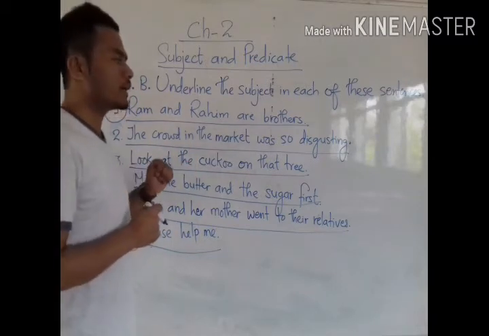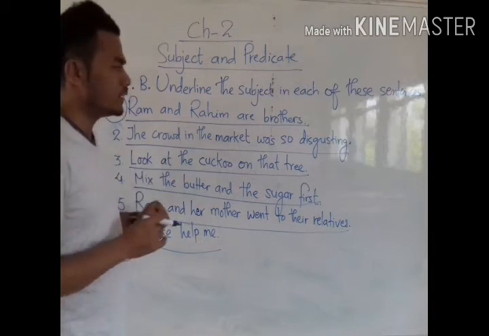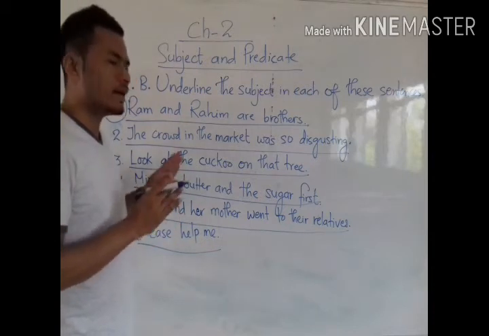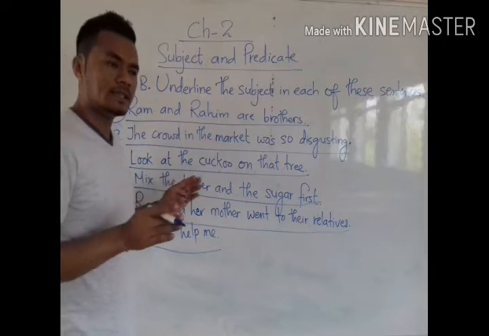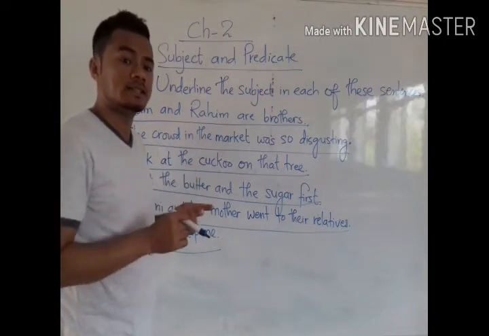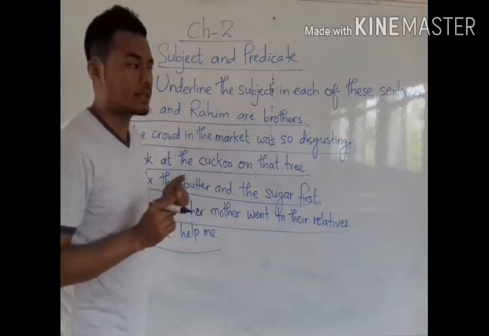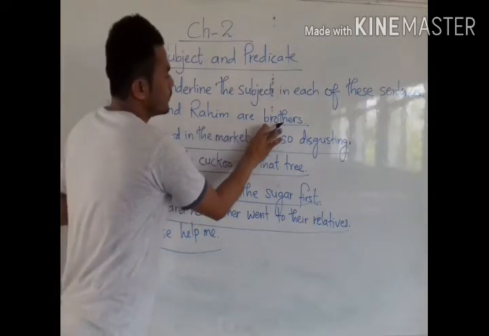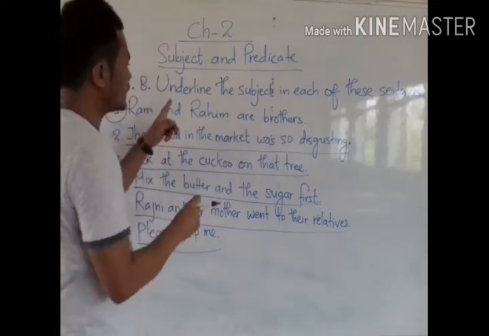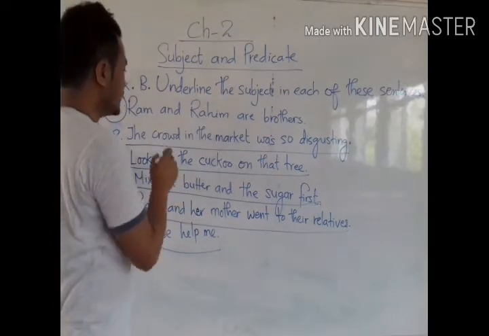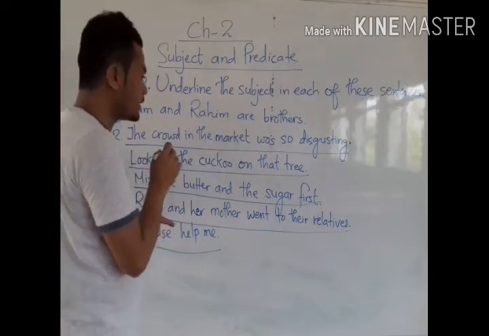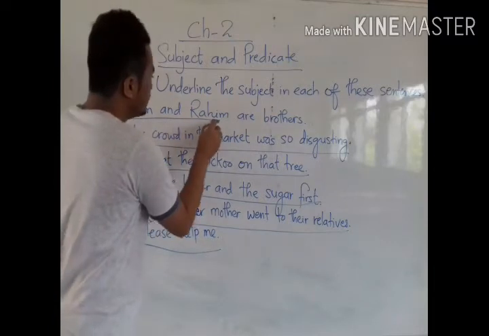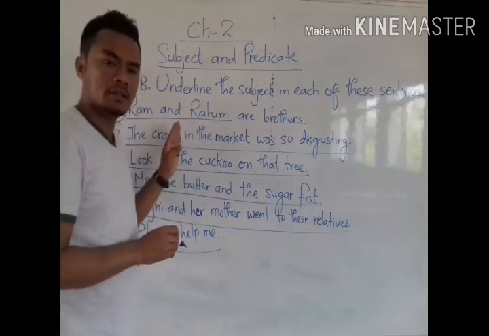After reading the sentence, we have to understand what the sentence is about to find the subject. Here the sentence is about Ram and Rahim. We have been asked to underline the subject, so Ram and Rahim is the subject here.